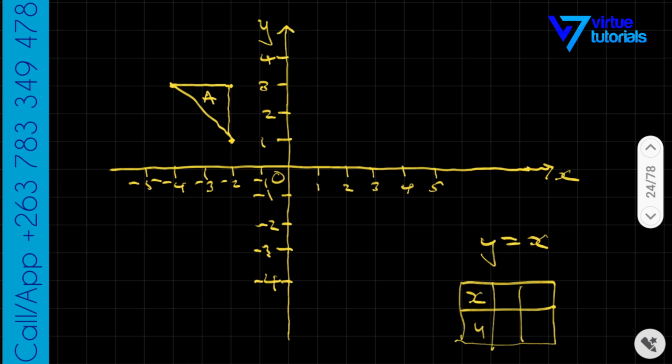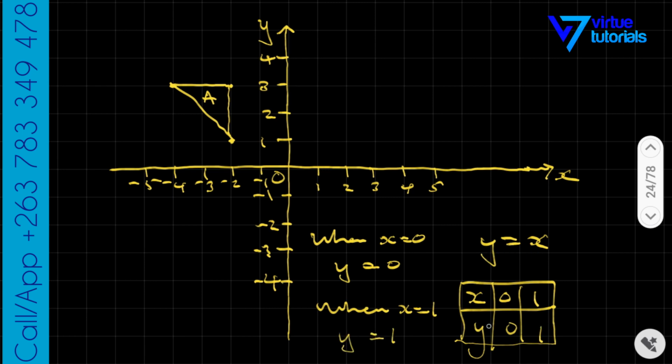So all I need is 2 x values and 2 corresponding y values. You can pick any 2 x values, so 0, 1. When x is equal to 0, my equation says y is equal to x, so y will also be equal to 0. When x is equal to 1, y will also be equal to 1. So 0, 0, 1, 1.